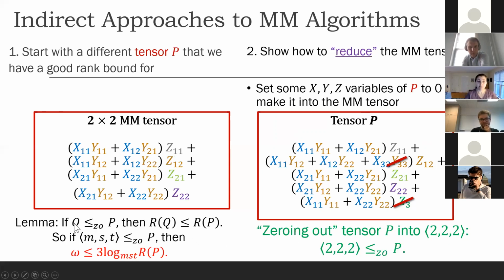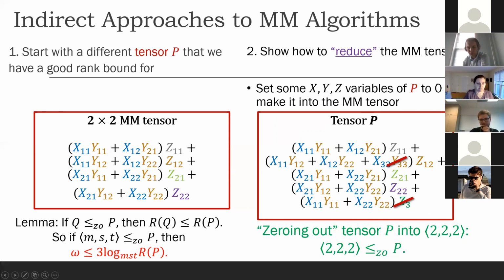Here's a simple lemma. If a tensor Q is a zeroing out of P, so I zero out some variables of P and I get Q, then the rank of Q is at most the rank of P. That's pretty simple, because I just zero out the variables in the rank decomposition and the rank doesn't increase.